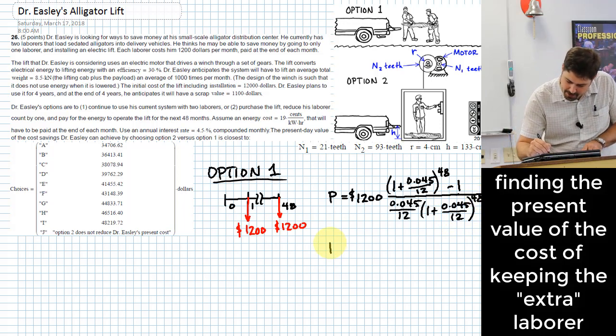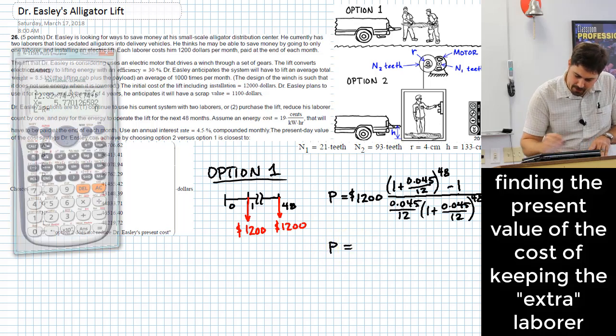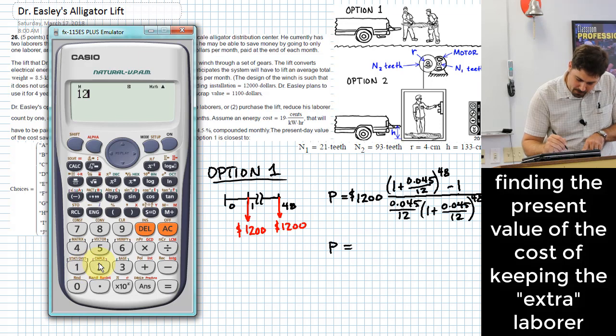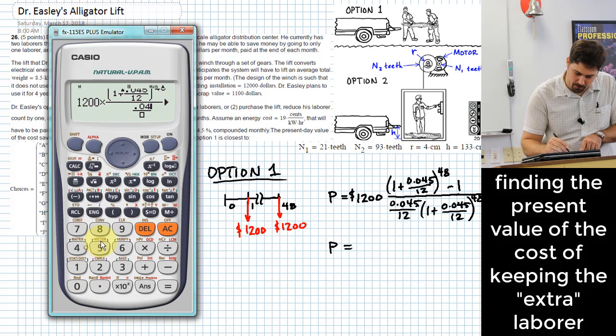Okay, so the present cost of keeping the employee is going to be found with that calculation. So I put 1,200 times 1 plus 0.045 over 12, this raised to the 48th minus 1, over 0.045 over 12 times 1 plus 0.045 over 12 raised to the 48.